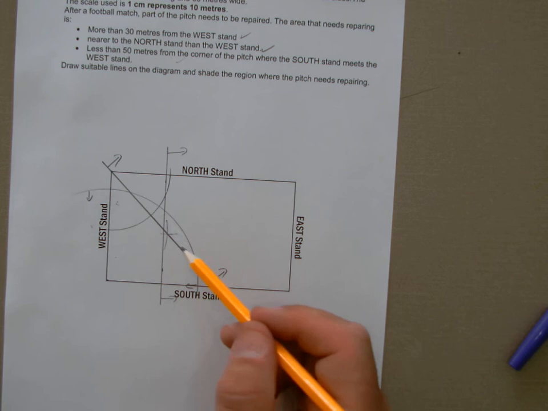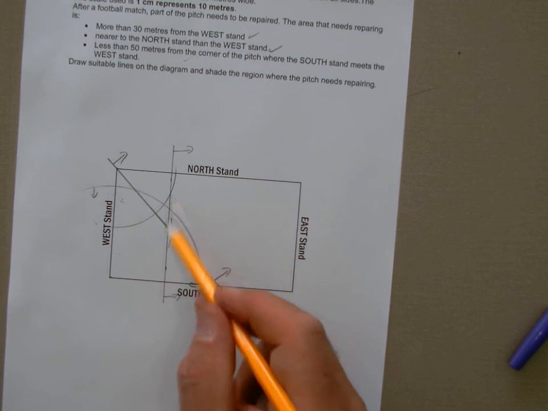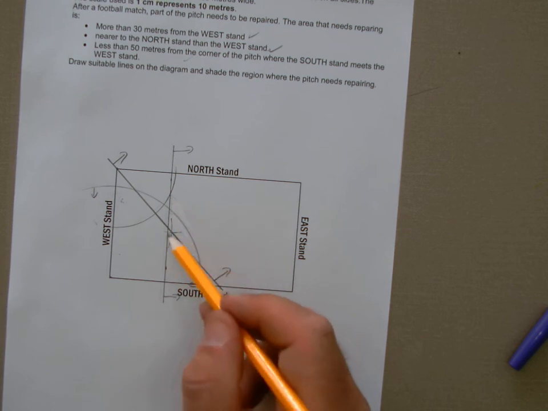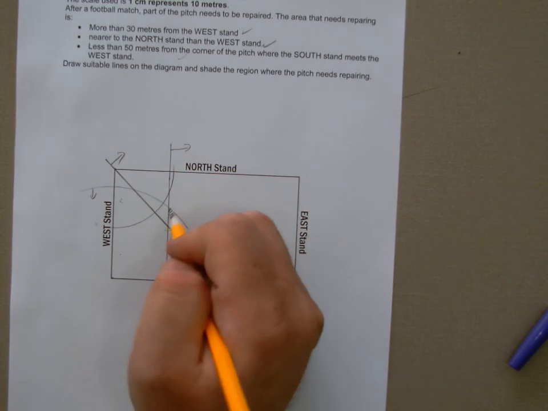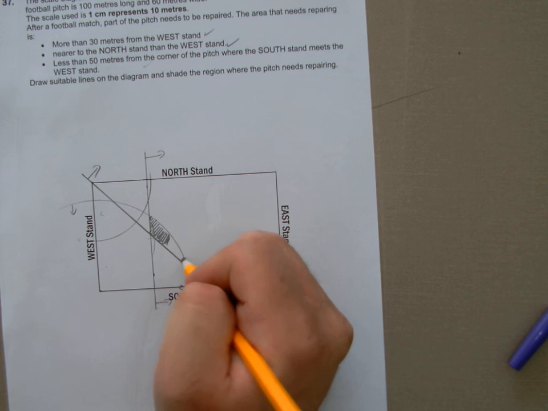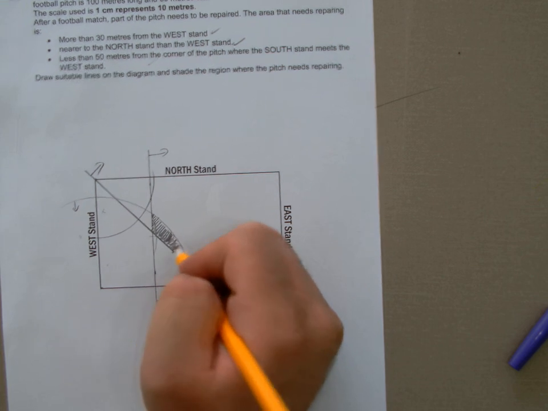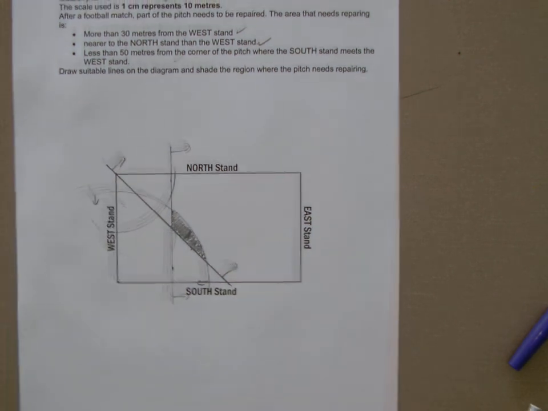Inside here, but it's got to be this side of this stronger line I've drawn here. And also this vertical line, which was first bullet point, it's got to be to the right of that. So the only region that will satisfy is this here, in here. Okay, and we've done. That's where the pitch needs repairing.